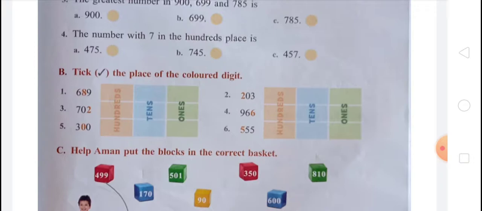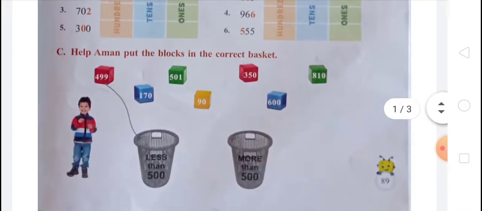After that 300 is given, and 0 is colored and 0 is on the tens place, so tick tens. Next one is 555, and 5 is colored, that is on the hundreds place, so you have to tick hundreds.